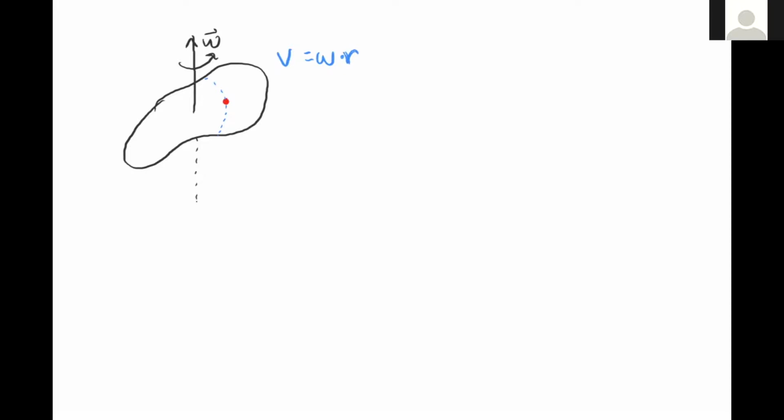So the total kinetic energy, and this distance is r, the total kinetic energy of this plate is the sum of all the kinetic energies associated with each particle. So that means that our total rotational kinetic energy for this unusually shaped object is going to equal the sum of the kinetic energy 1/2 mv squared of all those little particles that are moving around on the plate as we're executing rotational motion.